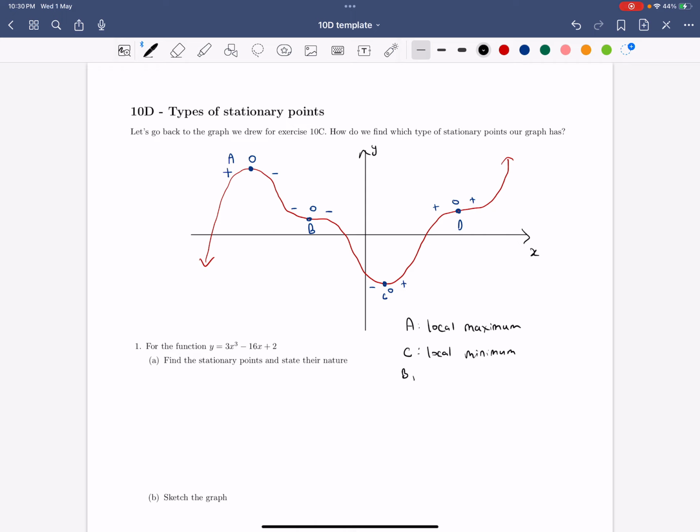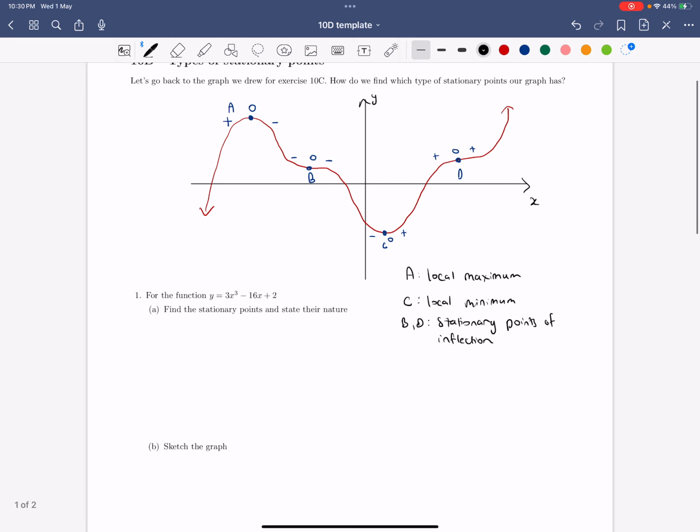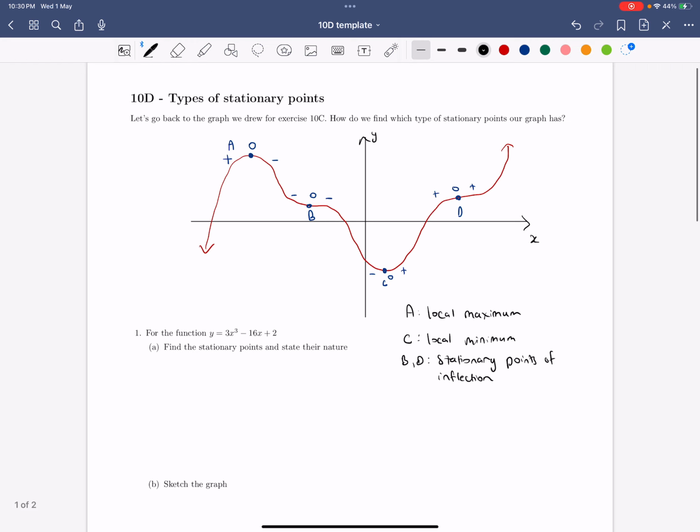And then B and D we classified as stationary points of inflection. All right, and the key thing to consider here is that both B and D are stationary points of inflection.